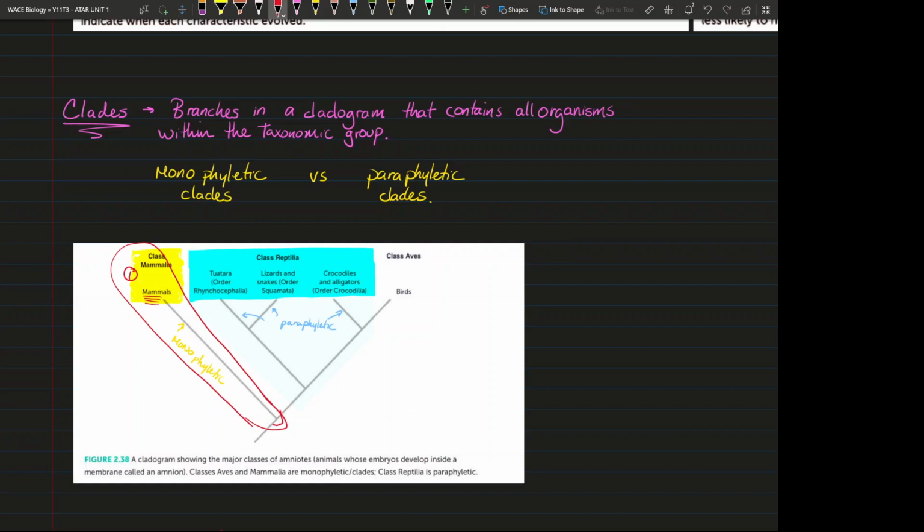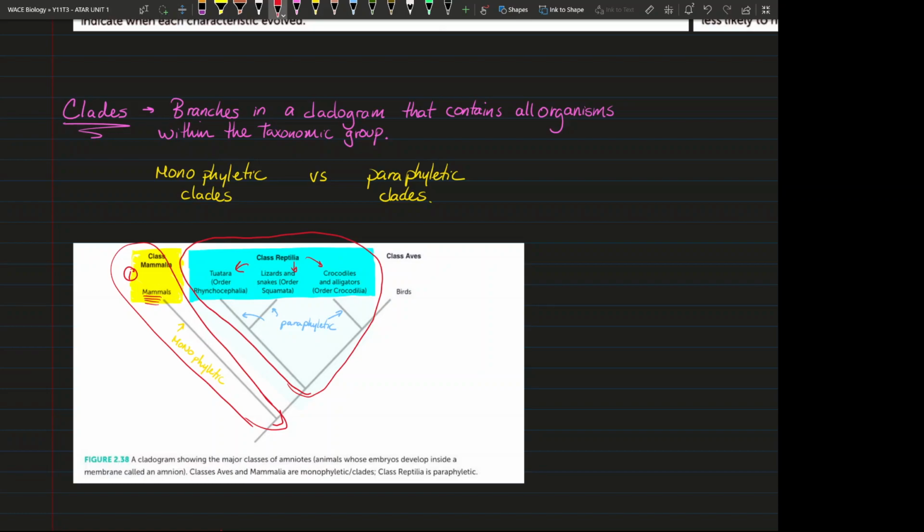Now, it is possible that you can have within one group, the class Reptilia, organisms that are quite different, actually, evolutionary wise. So they have to be separated into different groups.